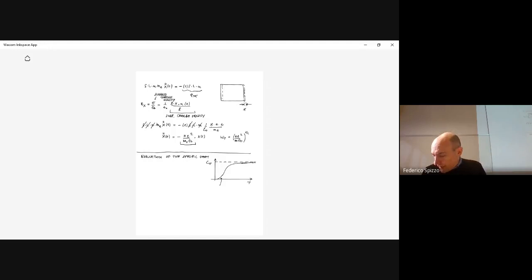If we recall the definition, the specific heat is the derivative with respect to the temperature of the energy density of the system, so the ratio between the total energy of the system and the volume of the system itself.